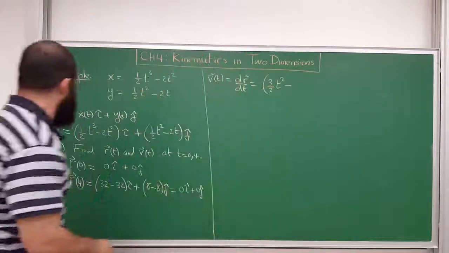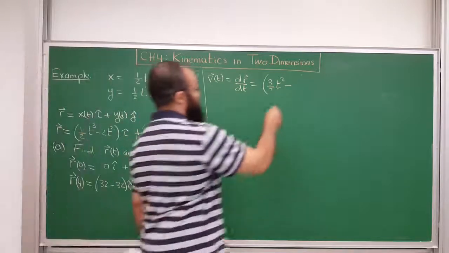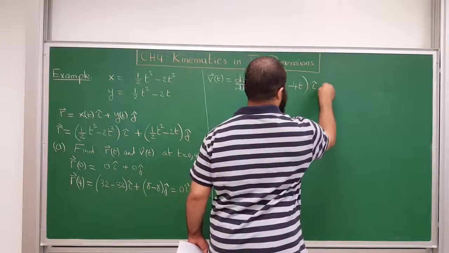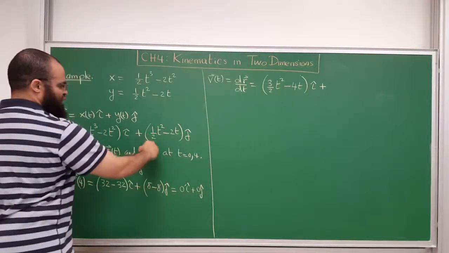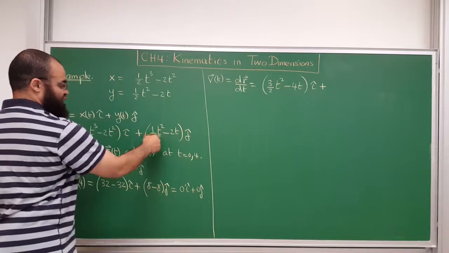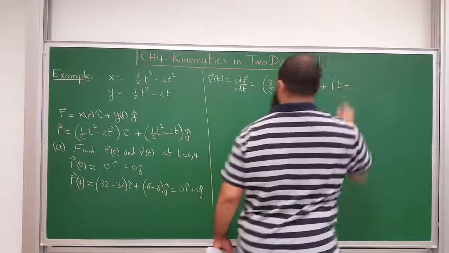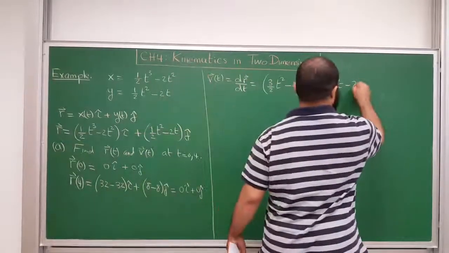And then minus, derivative of minus 2t squared is minus 4t, and that's in the i hat direction, the x direction. Plus derivative of this with respect to time, a 2 comes down, so you get just t, minus, derivative of 2t is just 2.